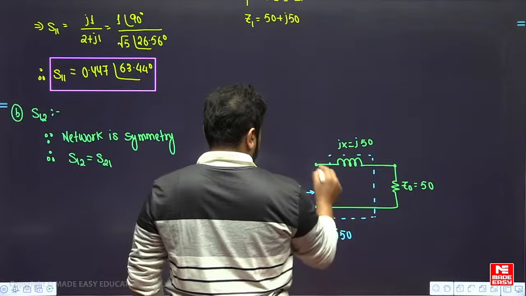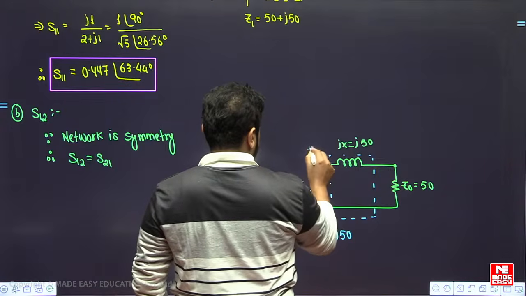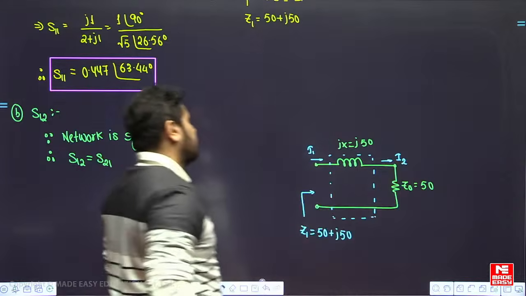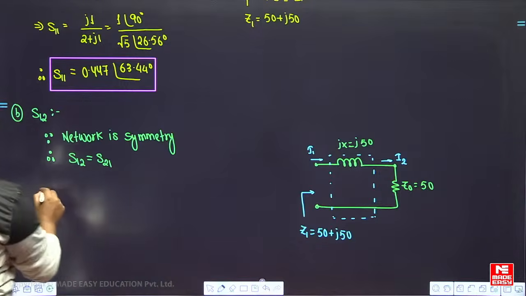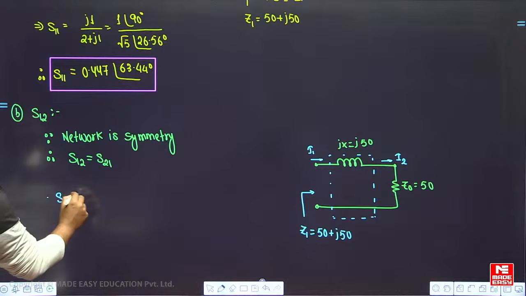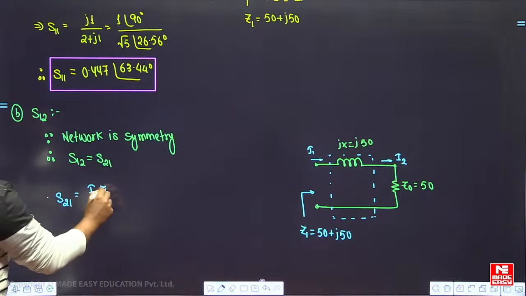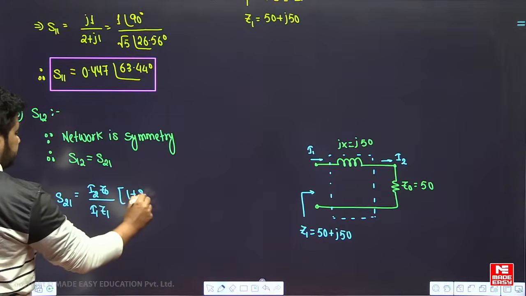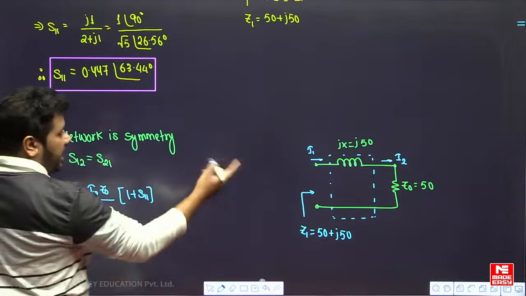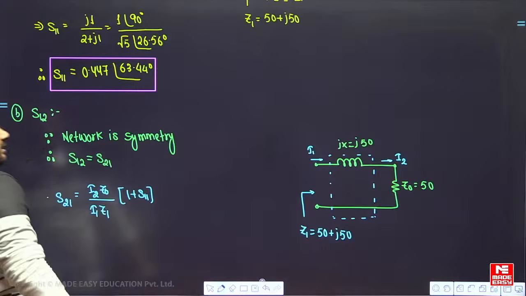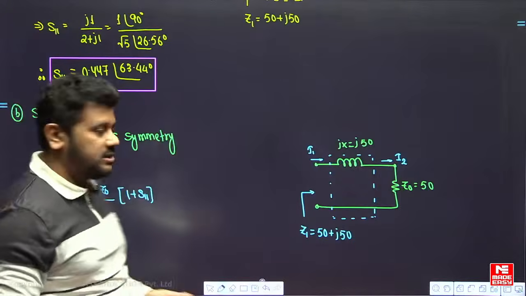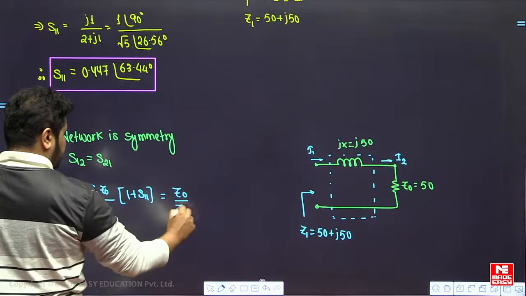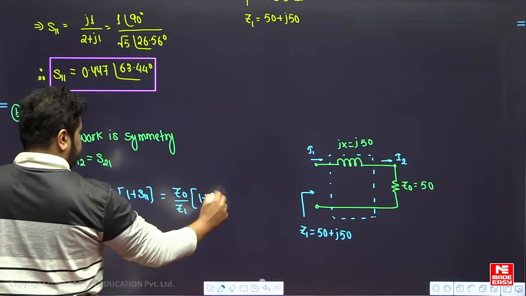Let us say the current going in is I1 and the current through this is I2. What is the formula of S21? Output voltage, that is I2 into Z0, divided by input voltage, I1 into Z1, into (1 plus S11). Here I1 and I2 are both the same because there is no current division, it is in series. So this is nothing but Z0 upon Z1 into (1 plus S11).